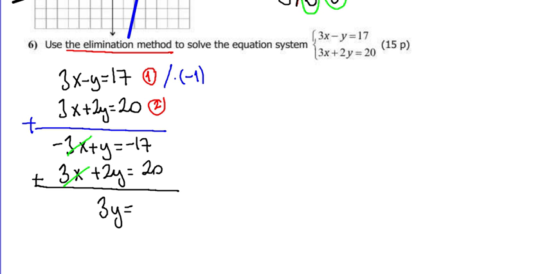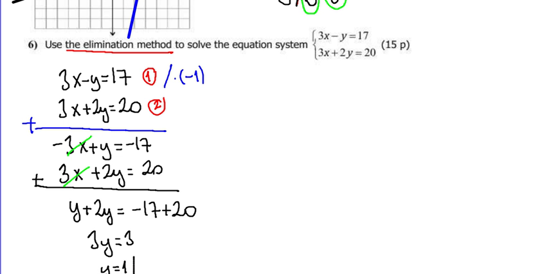So let me show the addition. I have y plus 2y is equal to negative 17 plus 20. We have 3y is equal to 3, and from here we have y is equal to 1. This is the y value. But we didn't finish. We have to find the x value.